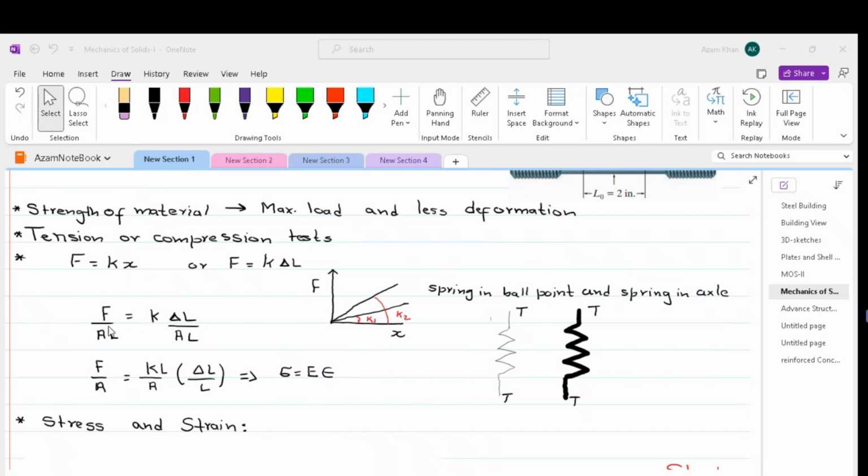So if we divide both sides of this equation with area of the cross section and length, and then reorganize the variables, we get stress is equal to E times strain. Stress is equal to E times strain enables us to compare different materials with each other based on the stresses and strains. Thus, the dependency of the load and elongation of particular material has been normalized.